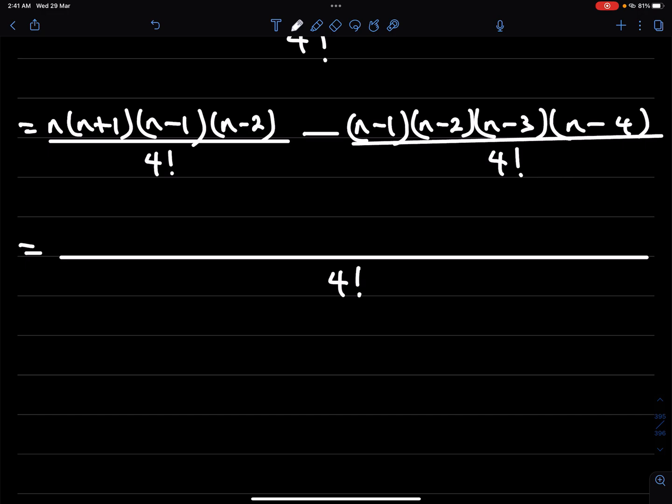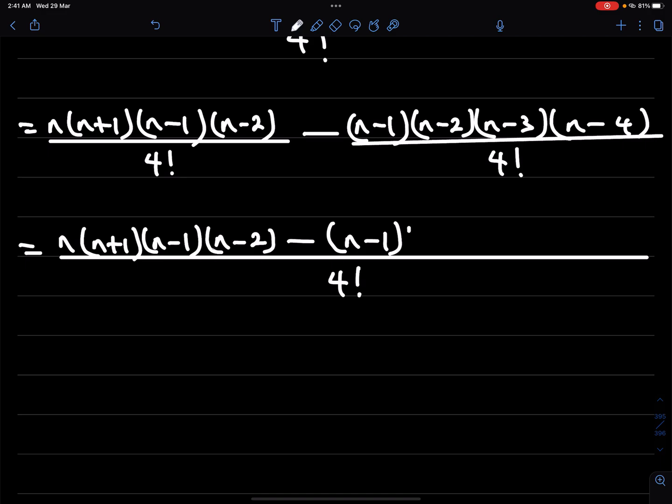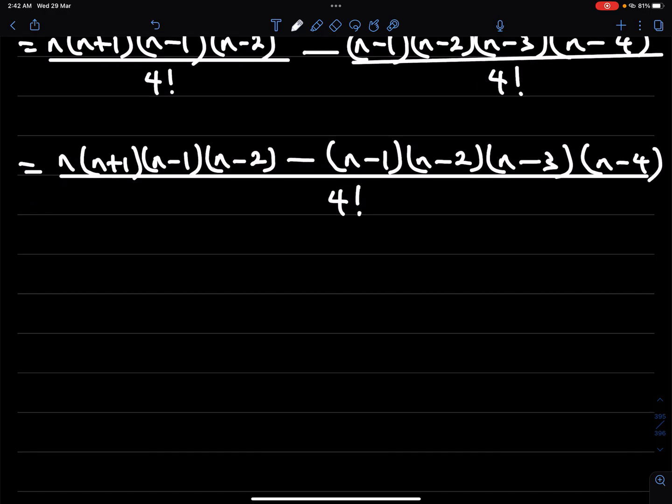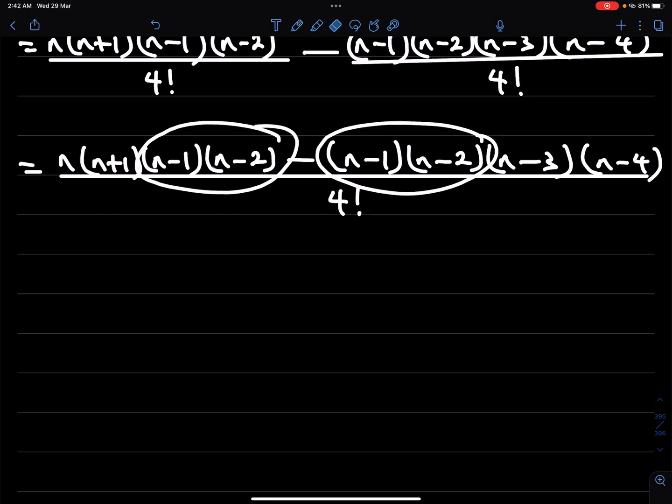Now I can see that the numerator will be n times n plus 1 times n minus 1 times n minus 2 minus n minus 1 times n minus 2 times n minus 3 times n minus 4. Now I can see that n minus 1 times n minus 2 is common to the two terms at the numerator.